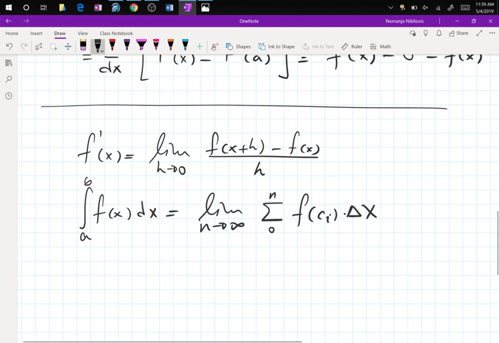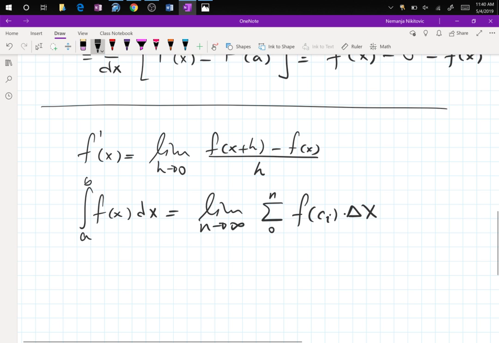Anyone? What's different between these? No takers? Just state the obvious.